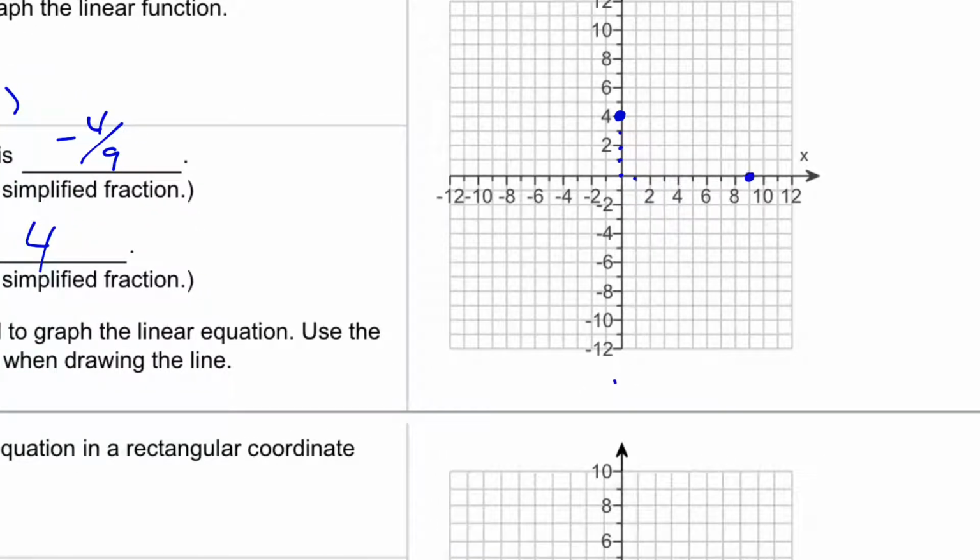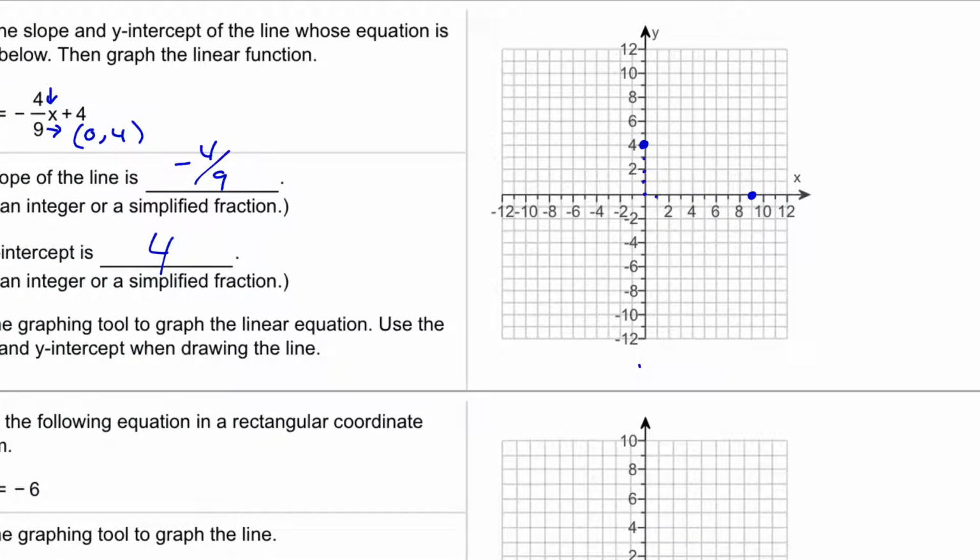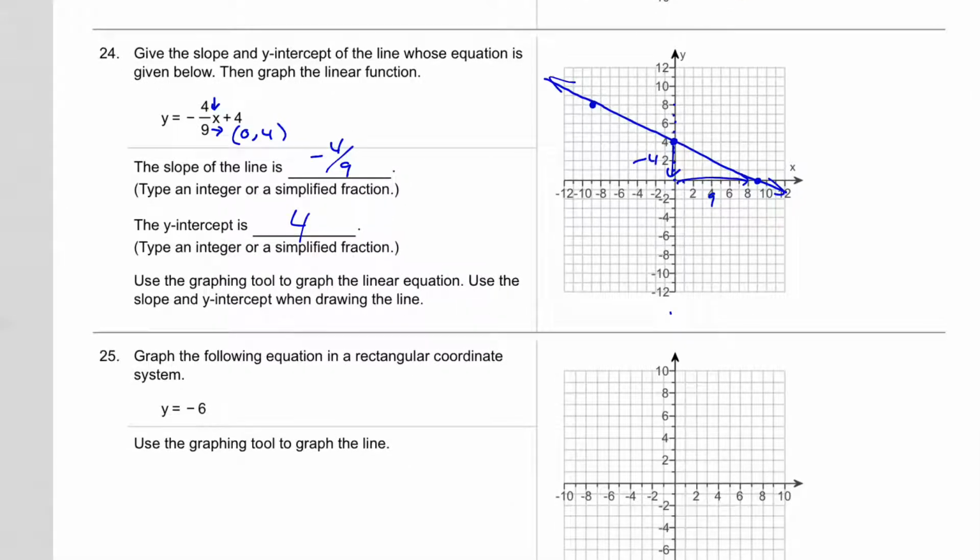All the way to right there. Okay, I could do one more, and I can go up 4, back 9. Just to kind of get more points, and we'll be able to draw this line much better. Especially if you're doing this on a piece of paper.